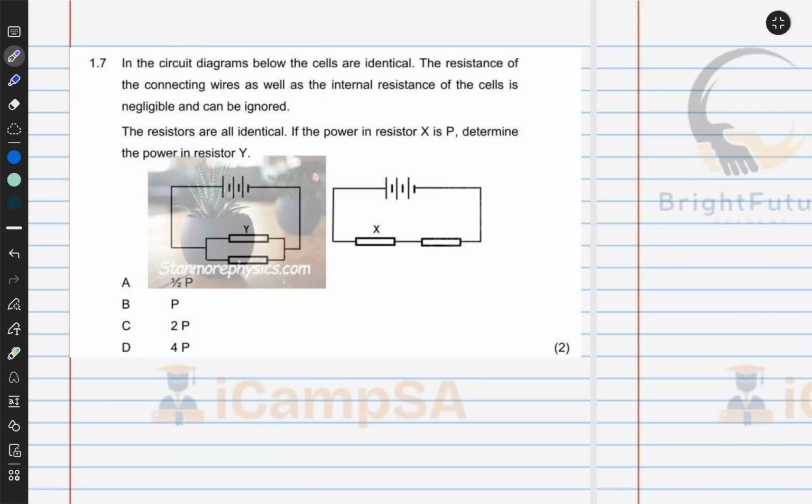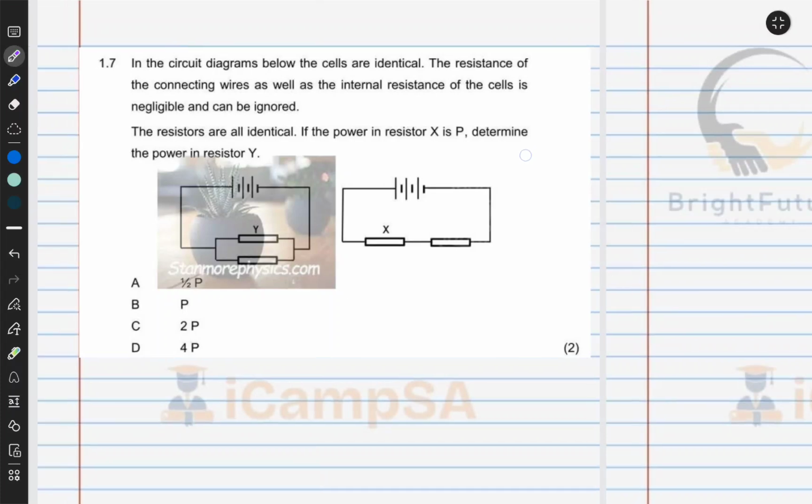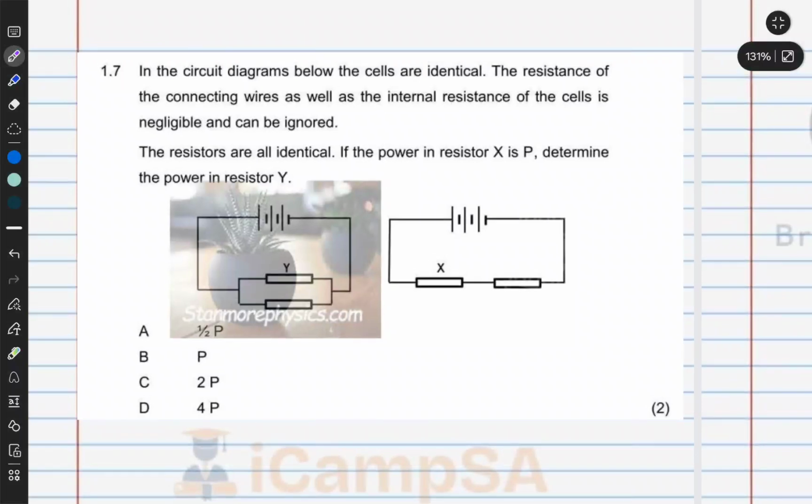If each cell on the parallel circuit has maybe 1 volt, each cell on the series circuit will also have 1 volt. So what that means in a nutshell is both batteries are the same. They use the same battery for the parallel circuit combination and the series circuit combination. Same battery, that's what it means, they're identical.